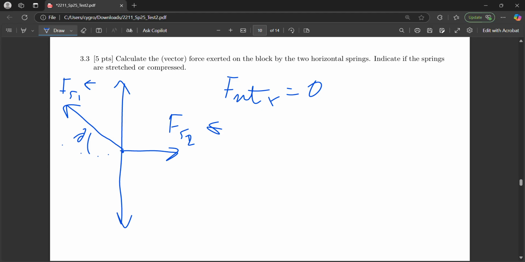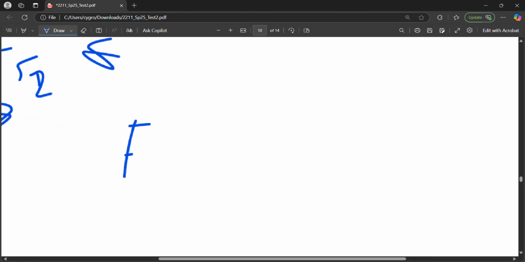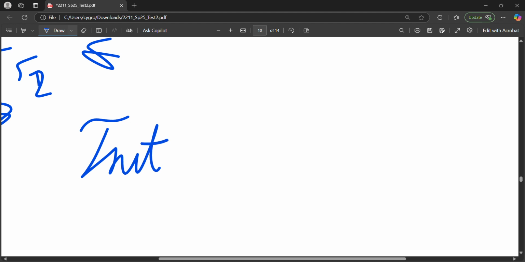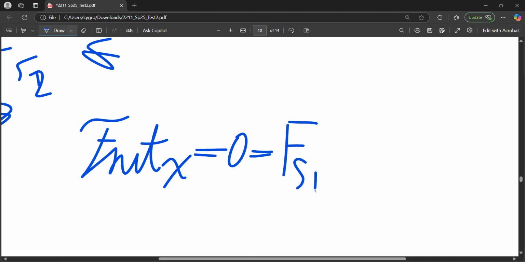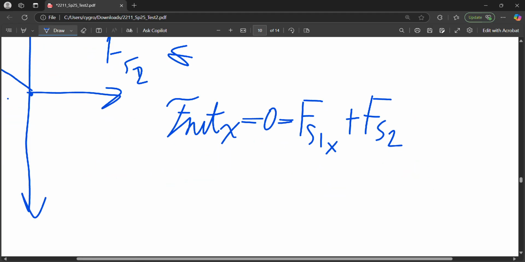So we can see that F net x equals 0 equals force of spring 1 in the x direction plus the entirety of force of spring 2 since it is entirely in the x direction.